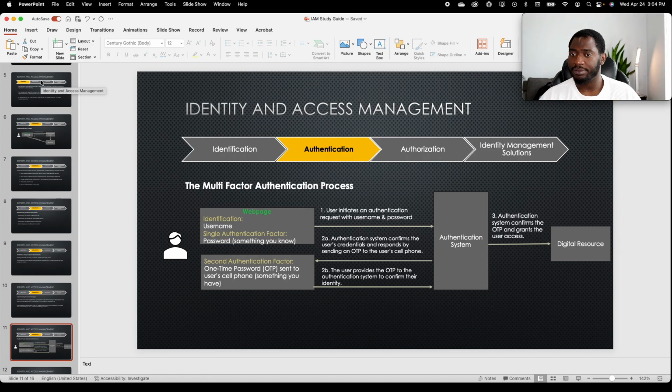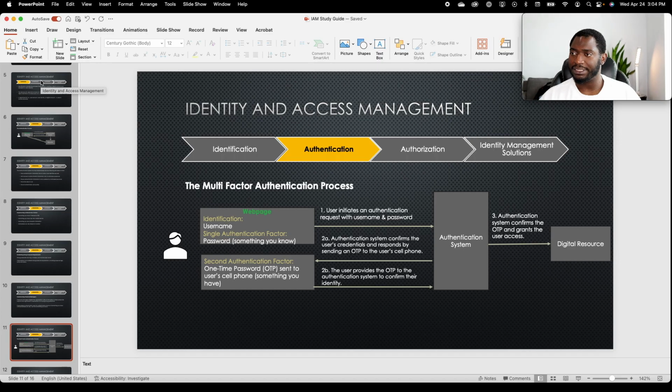Simply put, a multi-factor authentication process is a process that's been established within an authentication system that requires you to provide two or more authentication factors in order for that system to authenticate you and provide you access to that resource.